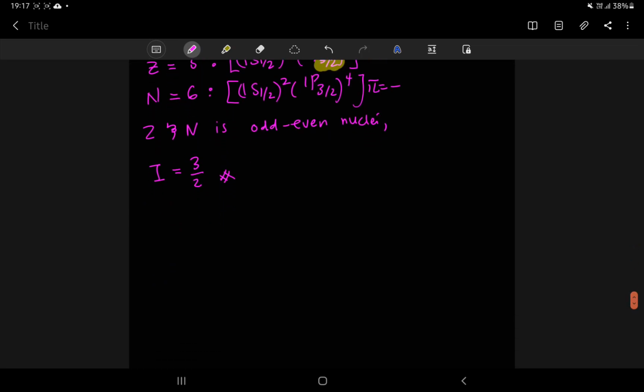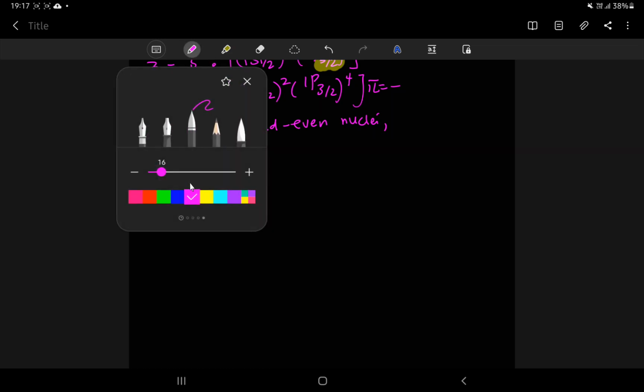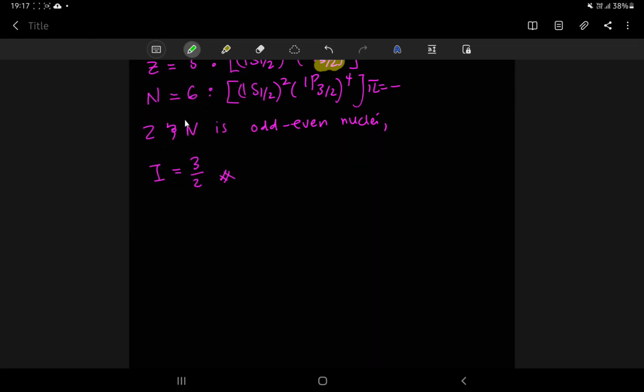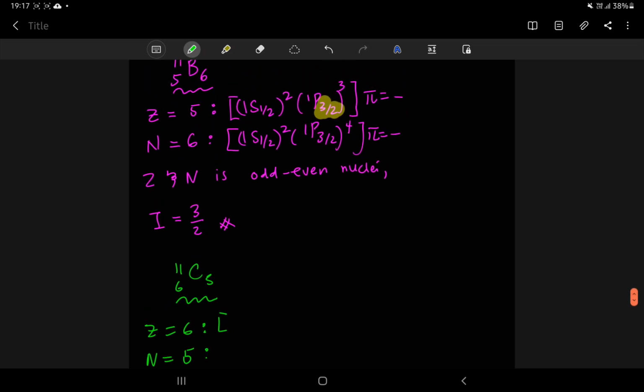Next one is carbon 11. So this is an isotope of carbon 12. So carbon Z is 6, neutron is 5. It is similar, I guess, to the previous one.